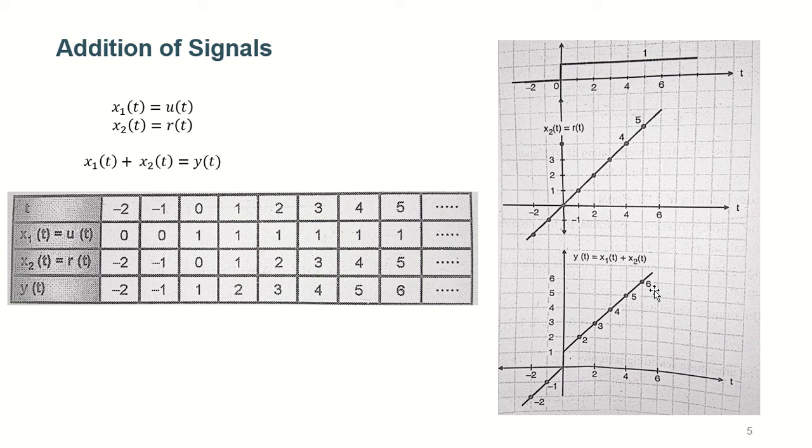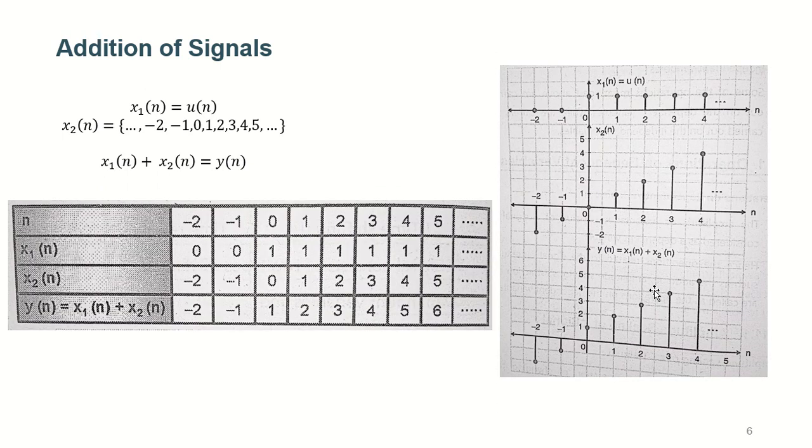So that was for the continuous time signal. And the same thing will happen with the discrete time signal as well. So let's quickly see one example of a discrete time signal, so that we can get it clearly. Instead of x of t, we will have x1 of n, and instead of u of t, we will have u of n.